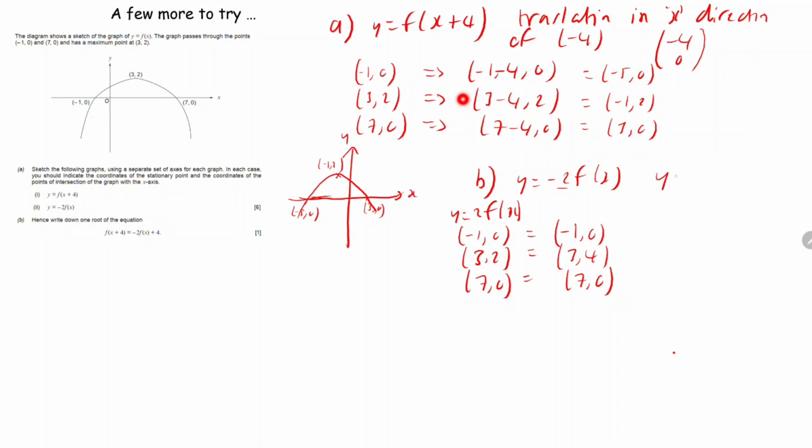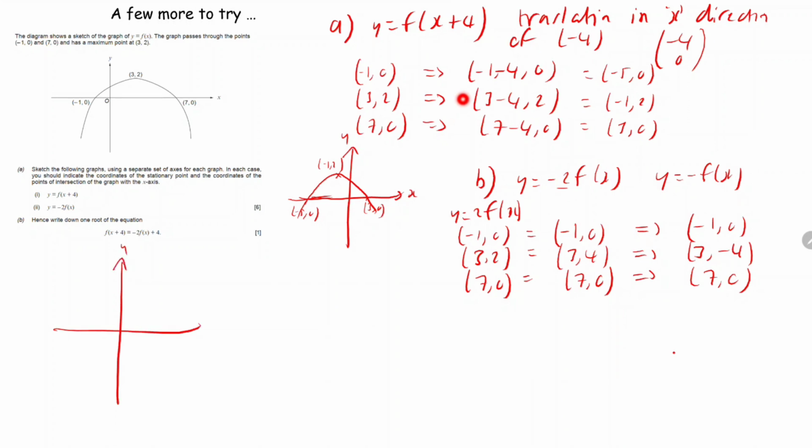Then we're going to apply the transformation y equals minus f of x. That's going to reflect all the y coordinates. So our new coordinates are now going to be minus 1, 0, 3, minus 4, and 7, 0. We can sketch that new graph.